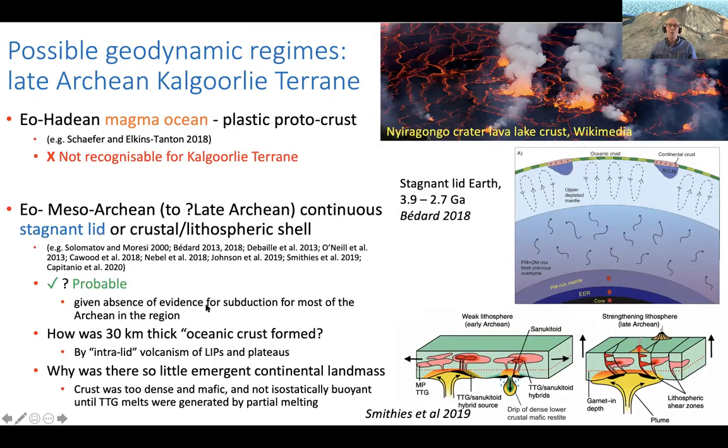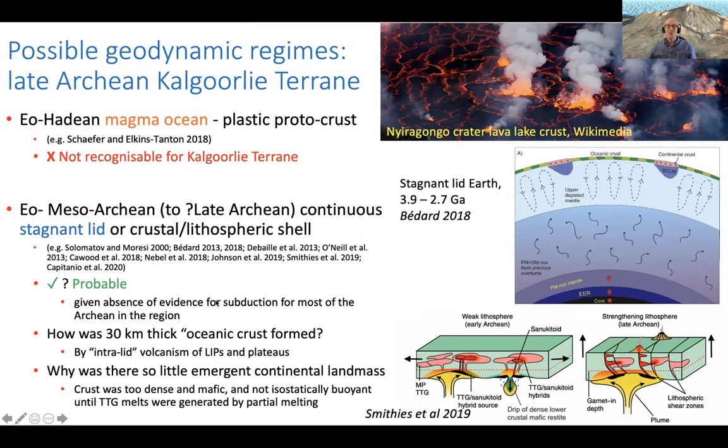option. However, a very important model is that of a continuous stagnant lid or crustal or lithospheric shell. That is, instead of there being discrete lithospheric plates, there was a single shell encircling the Earth.